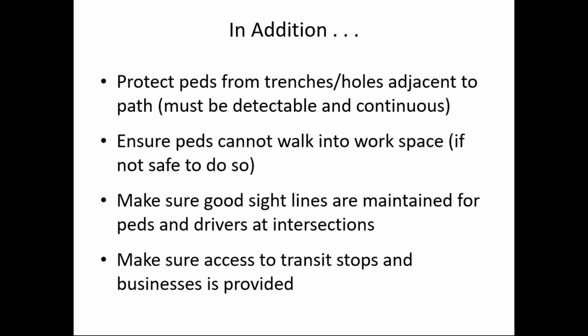Make sure you have good sight lines at intersections, so sighted pedestrians can check for traffic, but also drivers can see pedestrians. Maybe there's visually impaired pedestrians. We need to make sure drivers can see them. And if you're in, say, a commercial district, downtown or something, where you have bus stops, transit stops, business entrances, you need to make sure that you provide access to those.